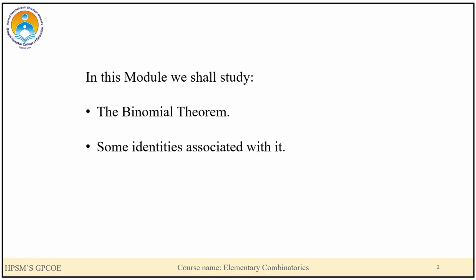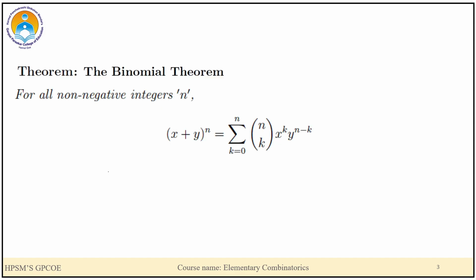In this module, we shall study the binomial theorem and some identities associated with it. Now, the binomial theorem is something that we are introduced to as early as in the 8th grade. If you recollect some identities of the form, say x plus y the whole squared equals x squared plus 2xy plus y squared.